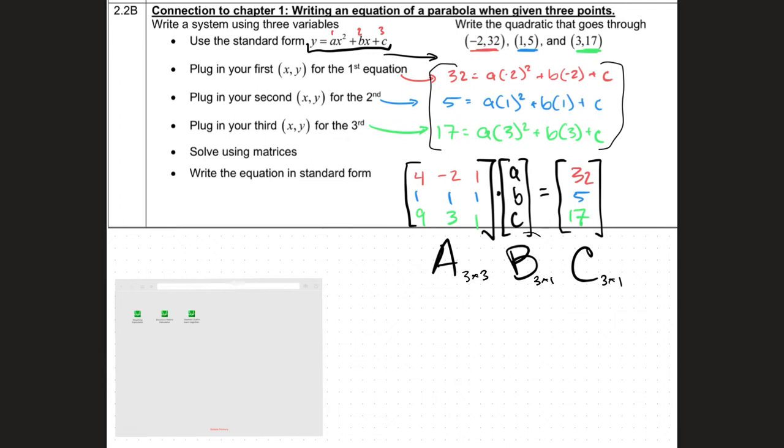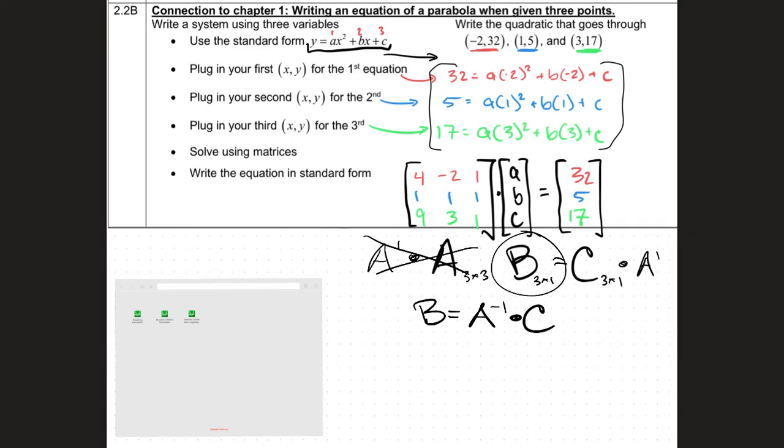And to solve for B, I need to take the inverse to both sides. These matrices will cancel out, and I will have matrix B equals the inverse of matrix A, essentially times matrix C, okay? And then I will get A, B, and C equals some matrix here, okay?